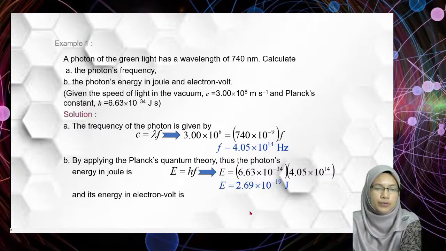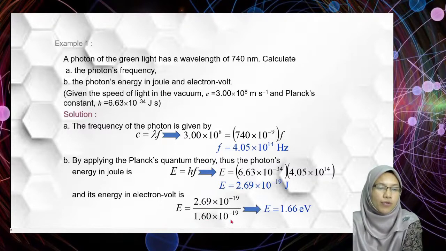If you want to get it in electron volt unit, you just divide by 1.6 × 10^-19, and we get 1.66 electron volt. So class, remember, when we use the formula that consists of Planck constant, our unit is in joule.